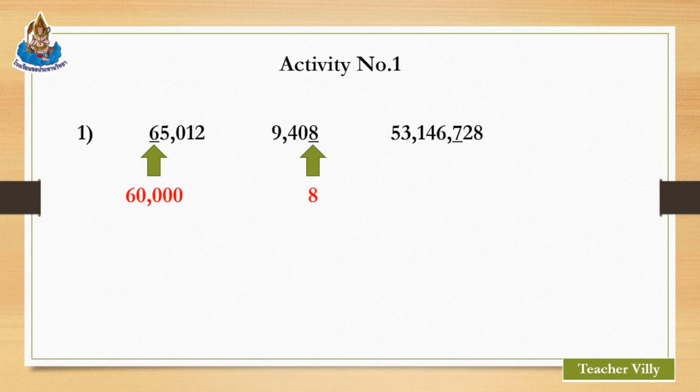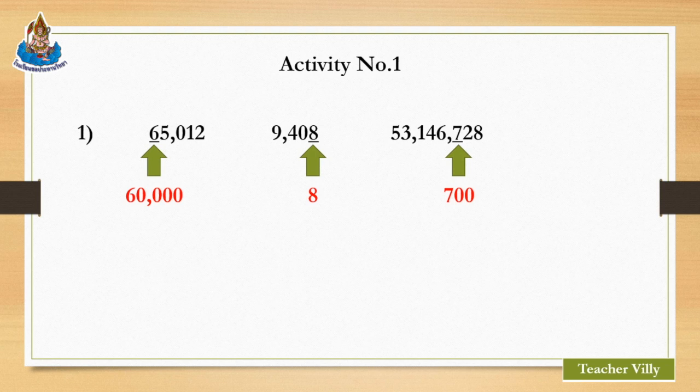What about the digit 7, the underlined digit in the number 53,146,728? What is its value? Correct. It's 700.